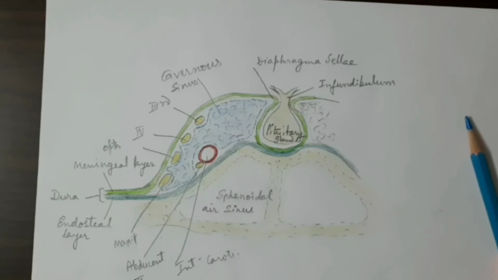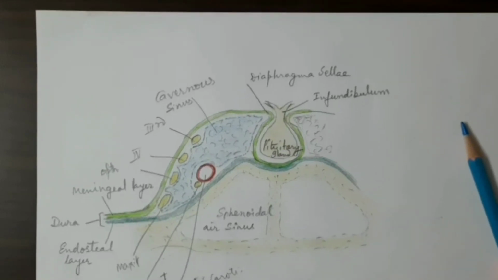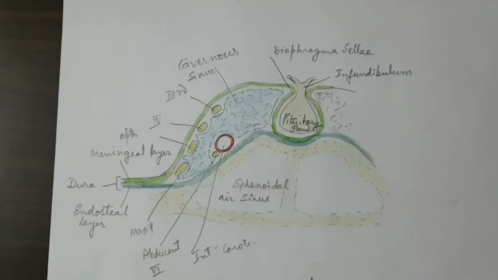Naturally the flow of venous blood will be blocked, and there will be collection of venous blood in the area of tributaries from the eyeball, from the dura mater, from the cerebrum, and those emissary veins from the pterygoid plexus, which all drain here. There will be logging of the blood.